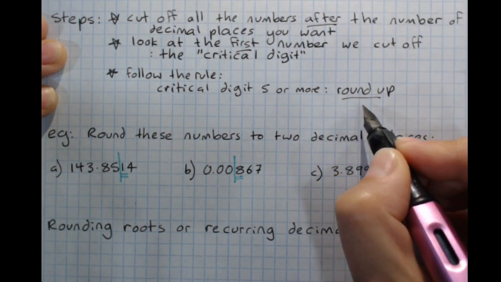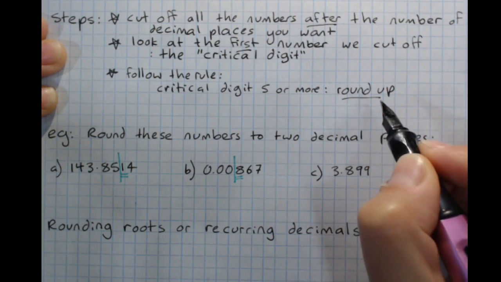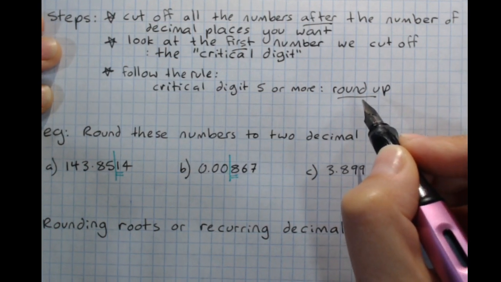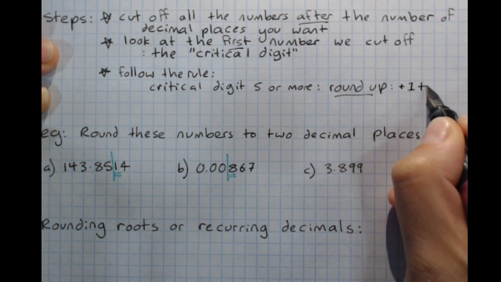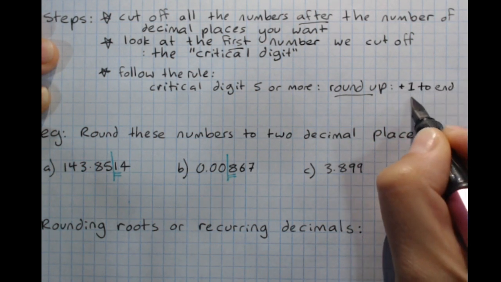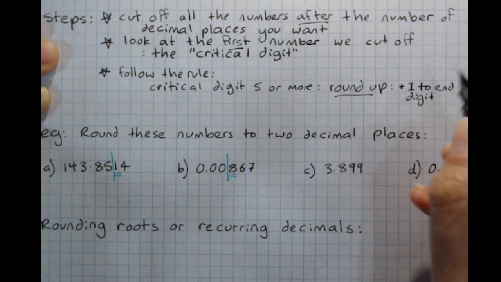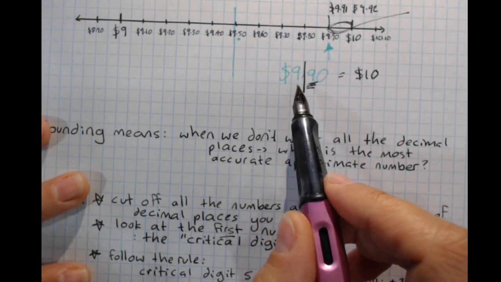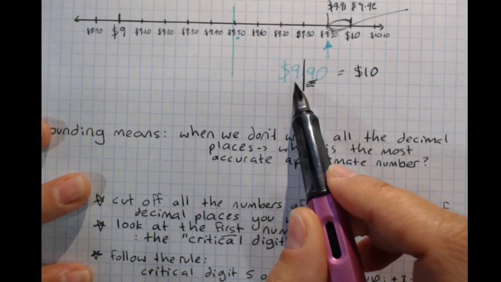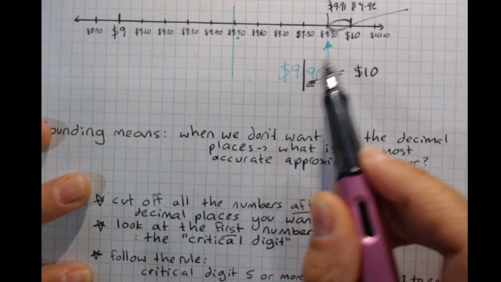And rounding up means +1 to the end digit. So we add 1 to the last number that we kept. The last number we kept was 9. We add 1 because it's closer to $10.